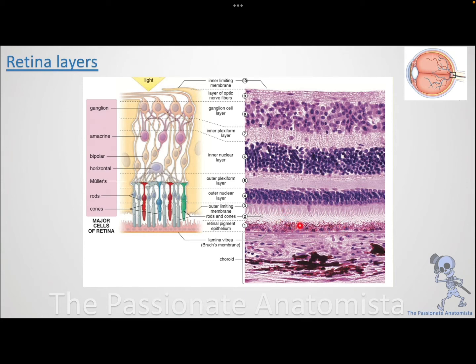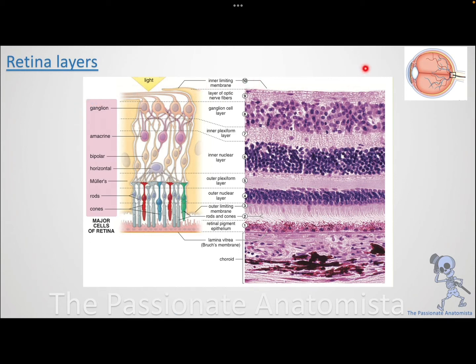At that point, the light photons get absorbed and processed by the layers of the retina retrograde, back all the way up until they reach the ganglion cells that form your optic nerve. And from the optic nerve, you take it again to the brain.